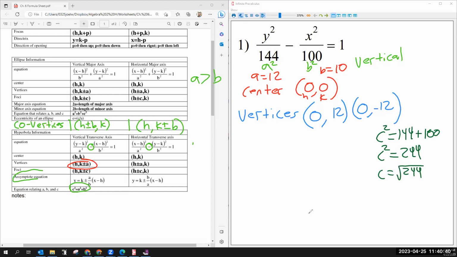Can I simplify the square root of 244? Pretty sure it's divisible by 4, so which means I should be able to. 4 times what?